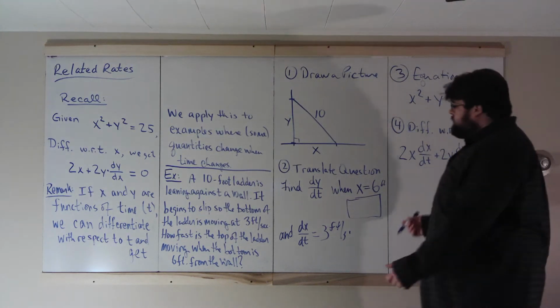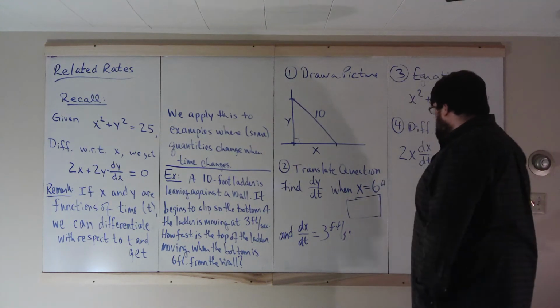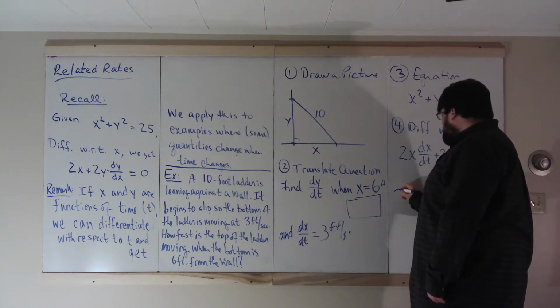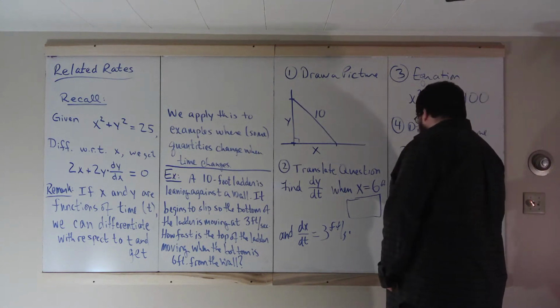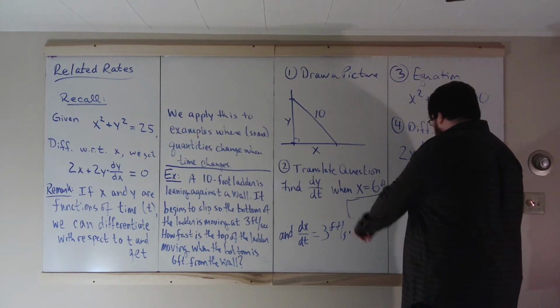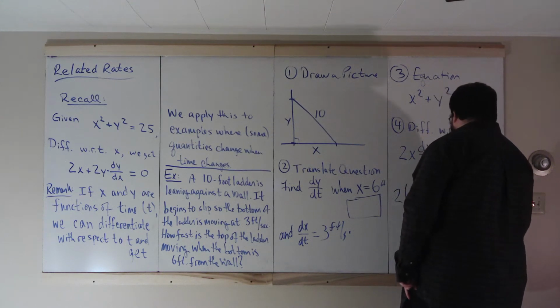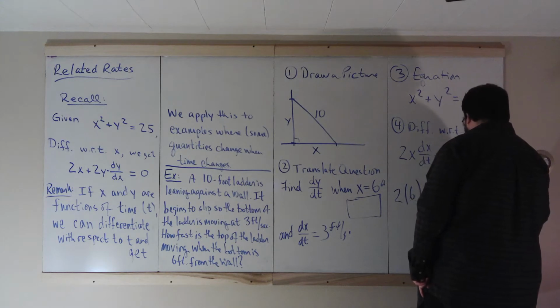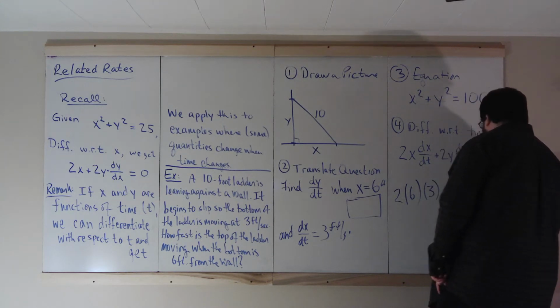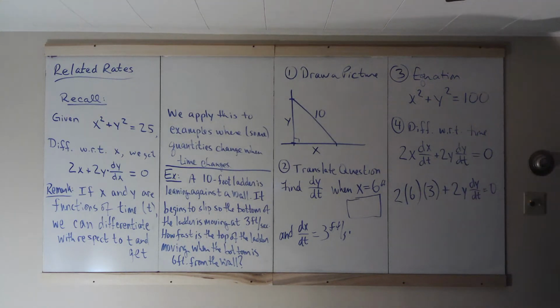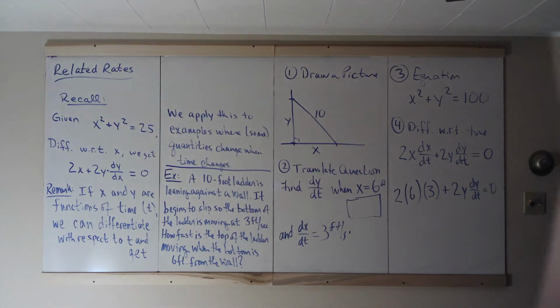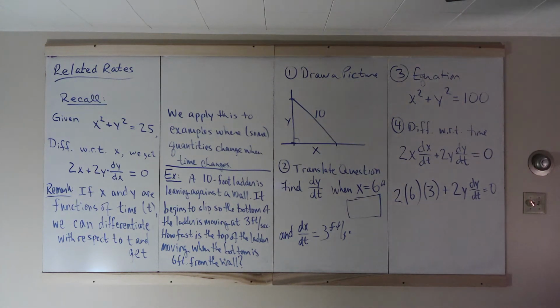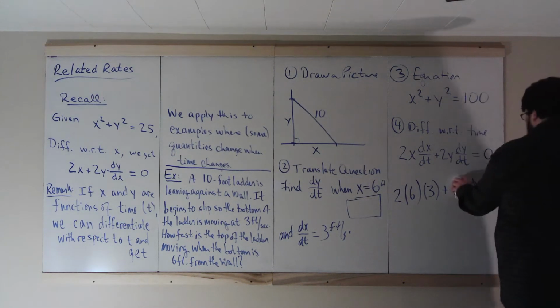But before doing any of that, let's just make our substitution. So we want dy/dt when x equals 6 and dx/dt equals 3. You could divide everything by 2 here. Well, with all of our substitutions, we have a dy/dt, but there's also another variable in the way, y. Do we know anything about y?